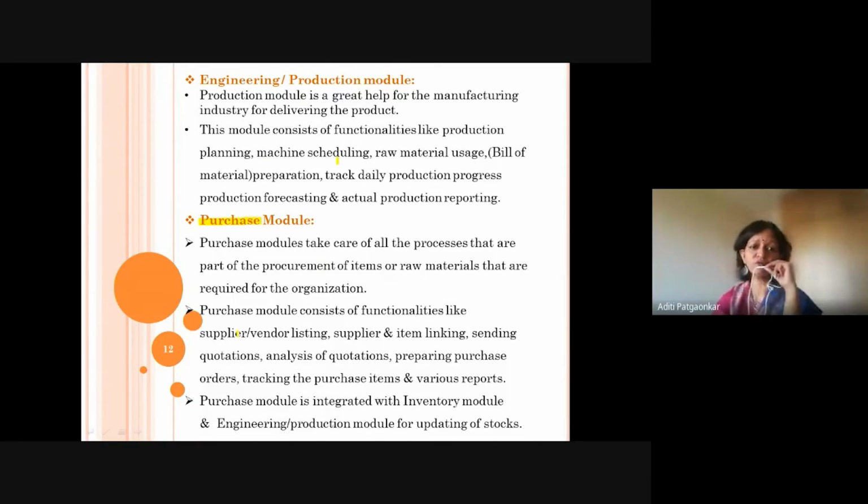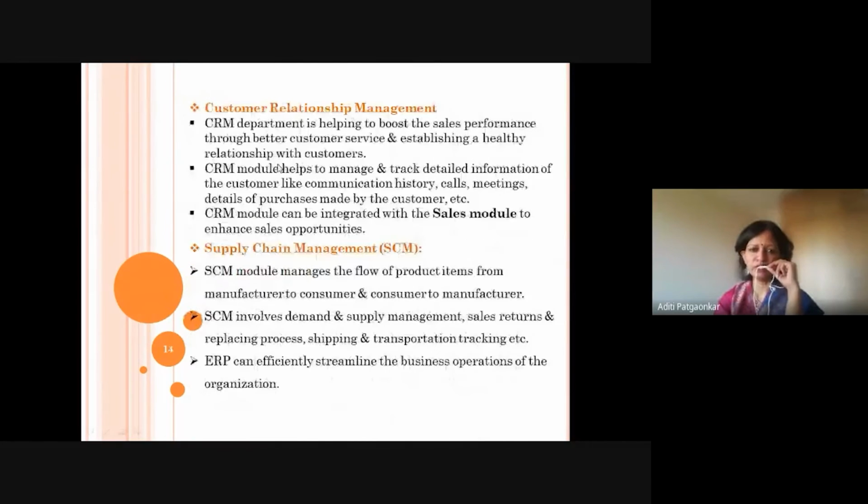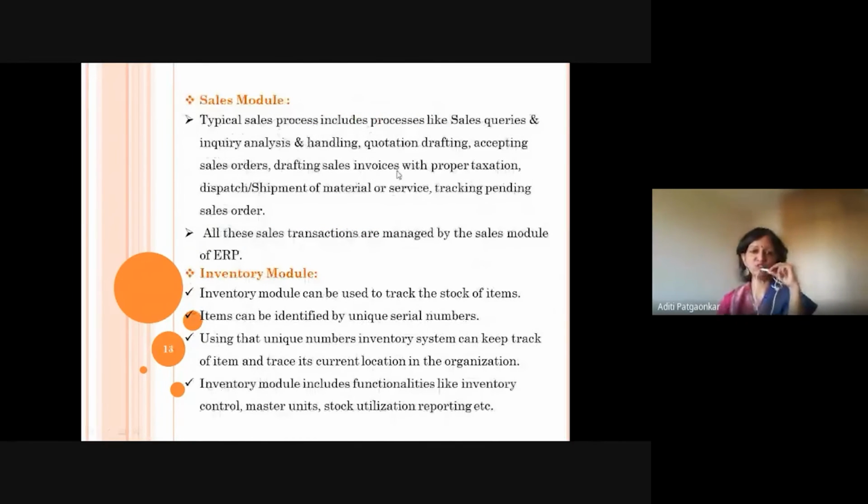The next module that we have here is the sales module. All the sales activities, including sales queries, inquiries, handling of quotations, accepting sales orders, drafting invoices, and other sales-related activities are managed by this module. So all these sales transactions are managed by the sales module of ERP.